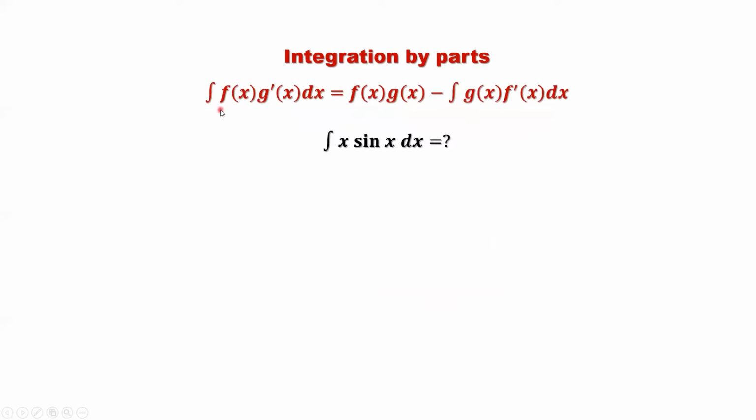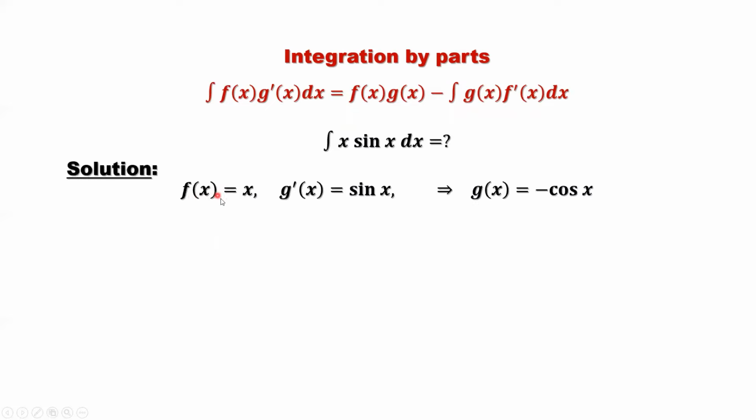We are going to use this formula to solve our question. Comparing our question with the given formula, on the left-hand side, if we pick f of x equals x, and g prime equals sine of x. On the right-hand side, we do need a g function.